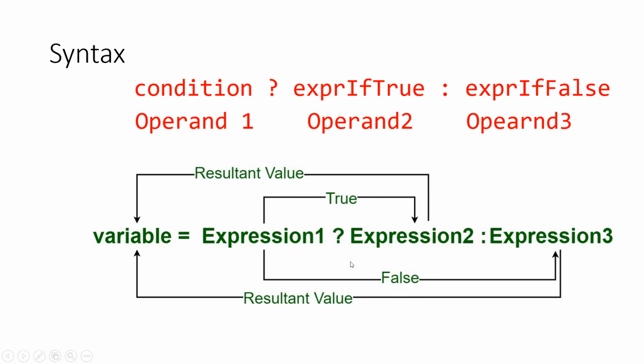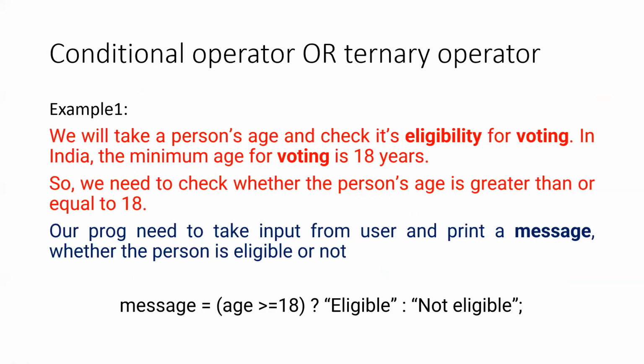If the condition is true, then expression 2 will get executed. If the condition written in expression 1 is false, then expression 3 will get executed. In both the cases, the resultant value will be stored in some variable if we are assigning it to a particular variable based on the requirement in our program. So conditional operator or ternary operator, as I said, the other name of ternary operator is the conditional operator.